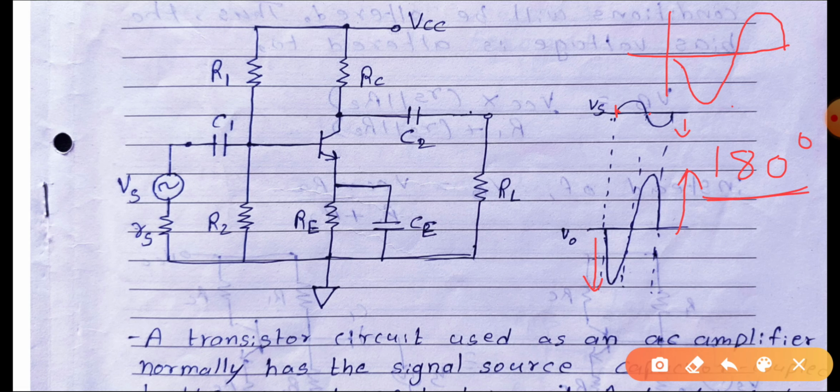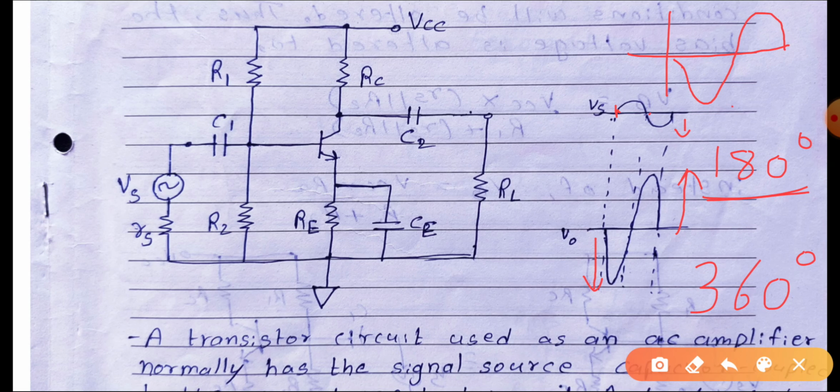If one single stage CE amplifier will give 180-degree phase shift, and when you use another single stage amplifier, then it will also give a 180-degree phase shift, and when you connect them to each other, then it will produce a 360-degree phase shift, that is a 0 phase shift.